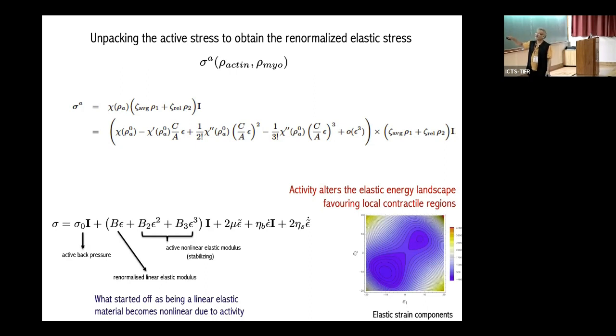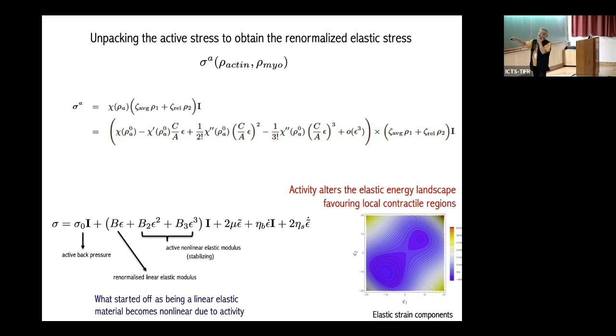Now, because of this nonlinear unpacking, you find that there are terms proportional to epsilon squared and epsilon cubed. So you generate nonlinearities which come from this contribution. The resulting stress has this nonlinear dependence on epsilon. What started off as a linear elasticity theory now becomes nonlinear because of activity.